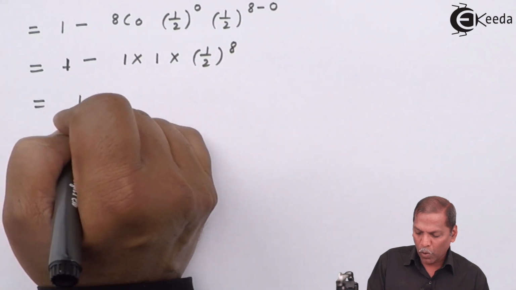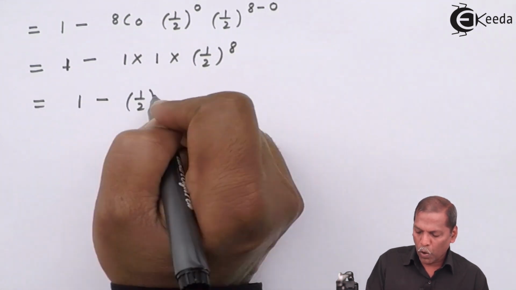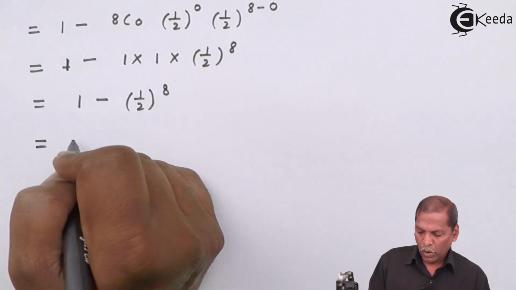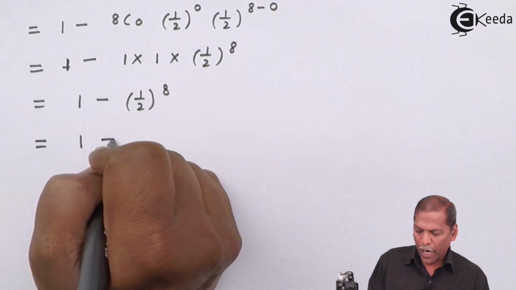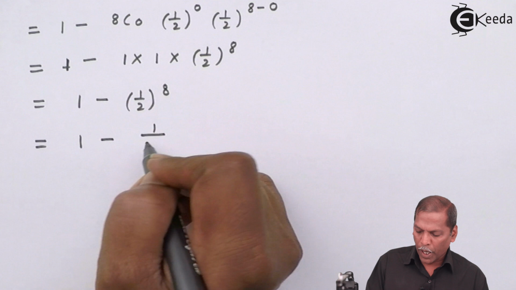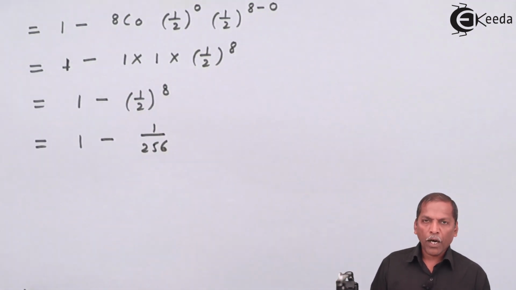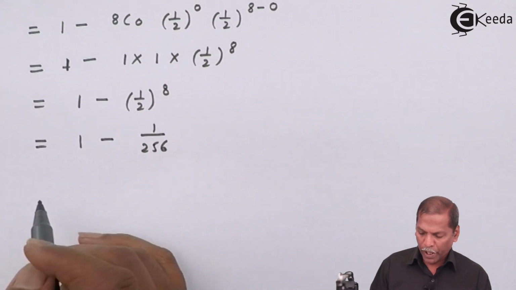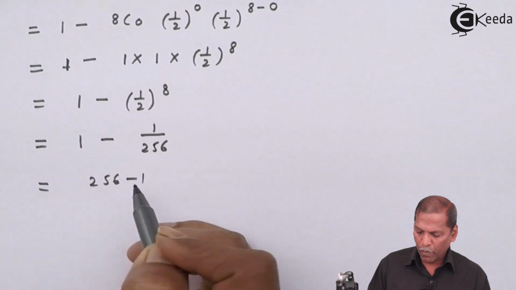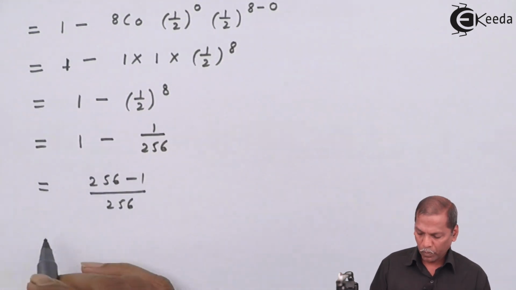So that equals 1 minus (1/2)^8. Now (1/2)^8 gives 1/256, and on cross multiplying we get (256 minus 1)/256.